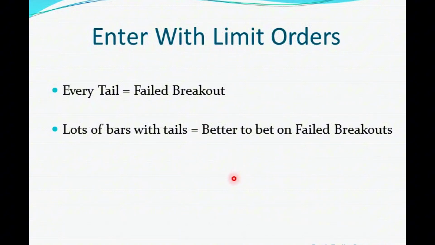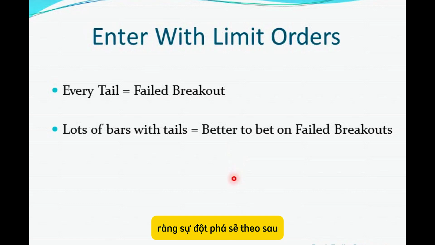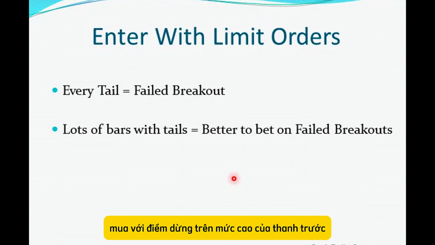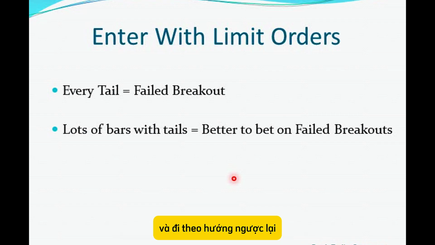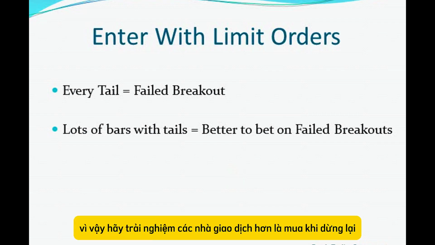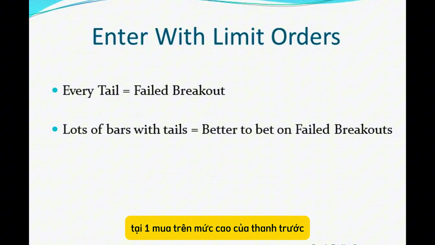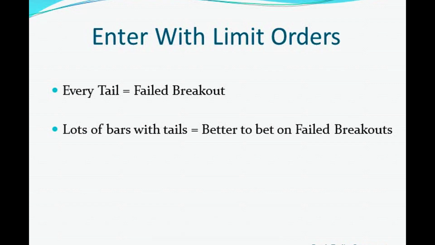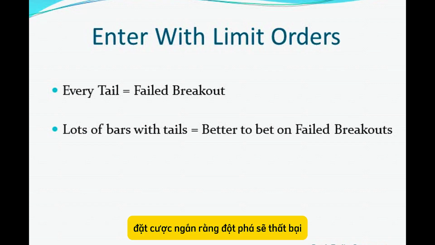Instead of betting that the breakout will have follow through, in other words, for example, buying with a stop above the high of the prior bar, it's better to bet that the breakout will fail and go the opposite direction. So experienced traders, rather than buying on a stop at one tick above the high of the prior bar, will place a limit order at the high of the prior bar to go short, betting that the breakout will fail.